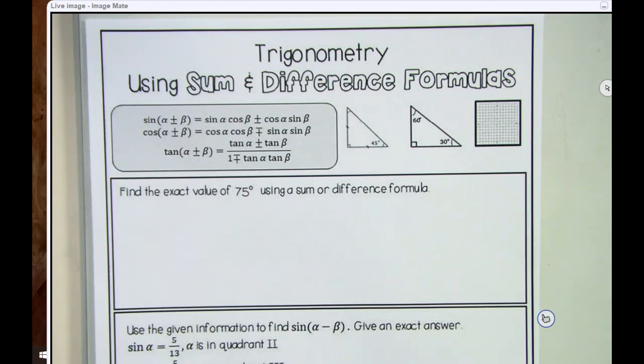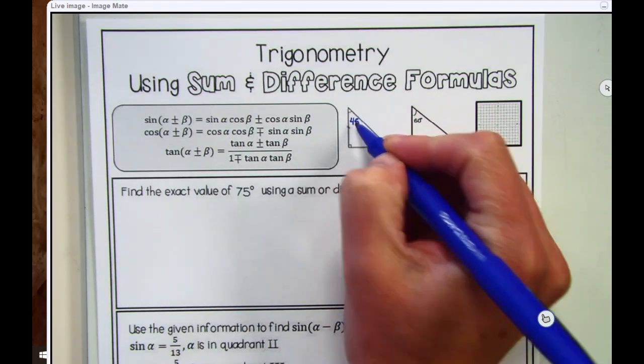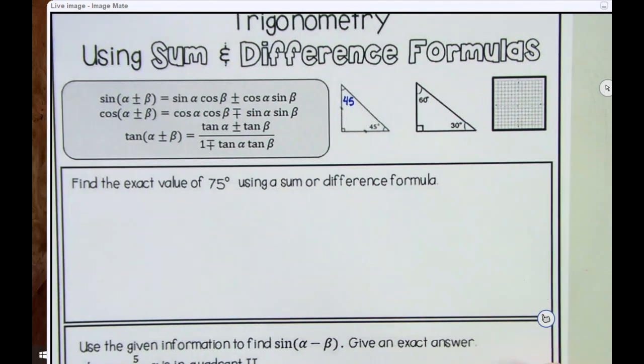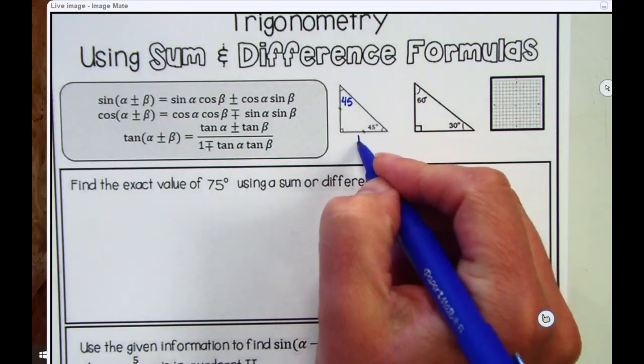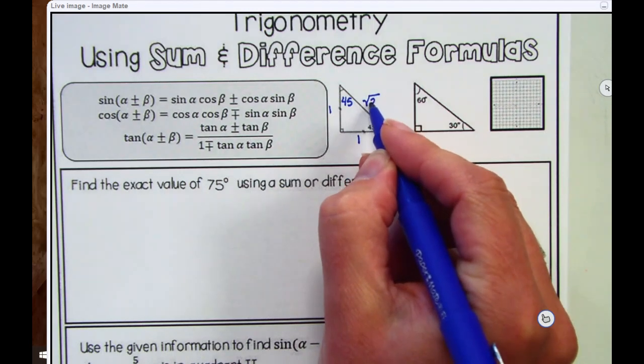But rather than have you guys have to flip back and forth to your special triangles, let's take a second and remember that if this side is 1, this side is 1, and this is the square root of 2.